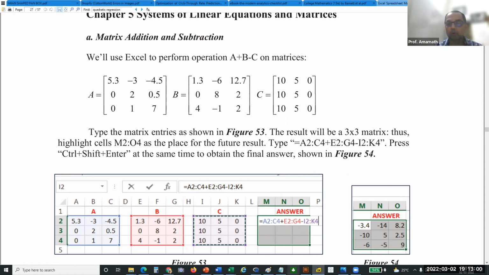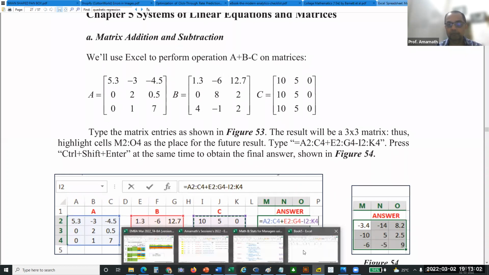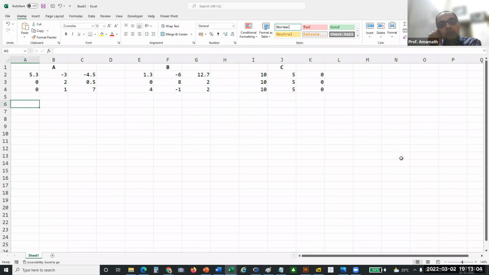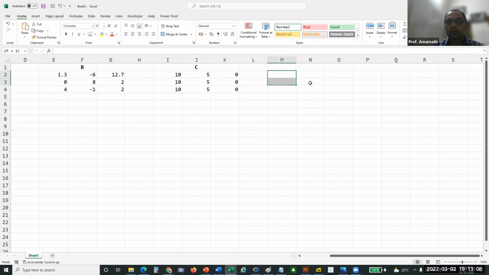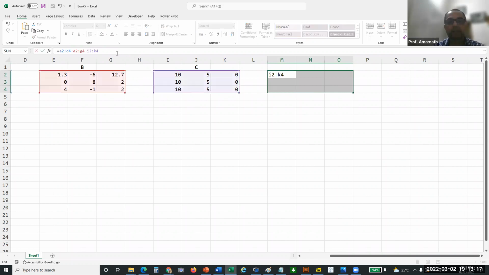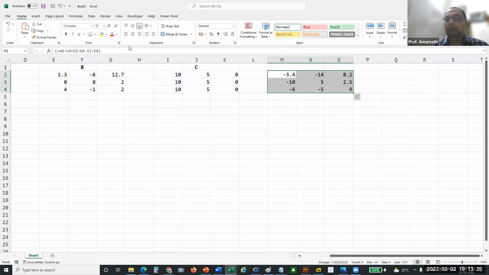M2 to O4 is the resultant matrix. Let me move this a bit. So this is the resultant matrix which I have. I highlight it, paste it here, and use it completely now. Control, Shift and Enter, pressed together. So I get the answer for this resultant matrix.